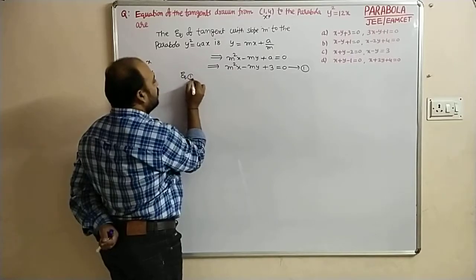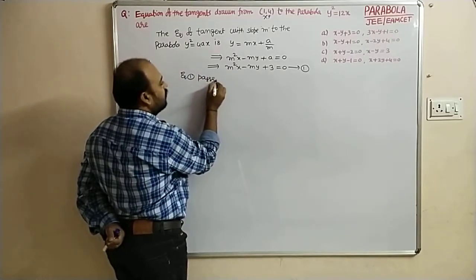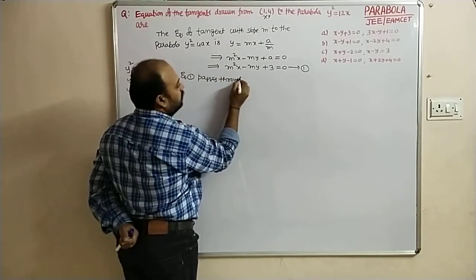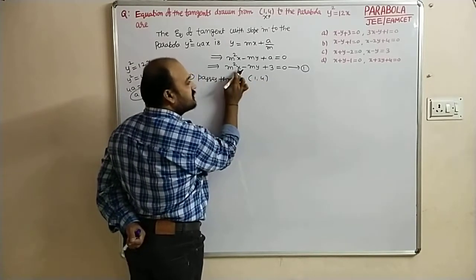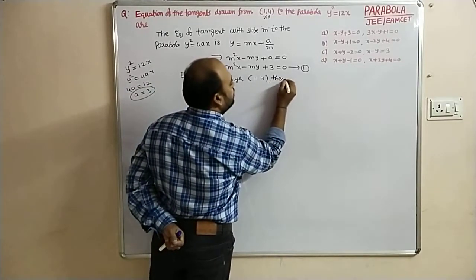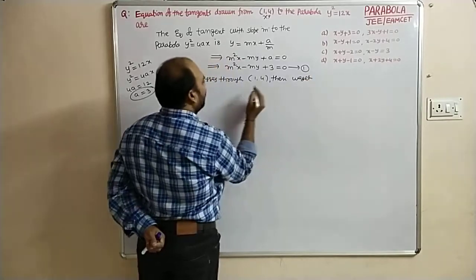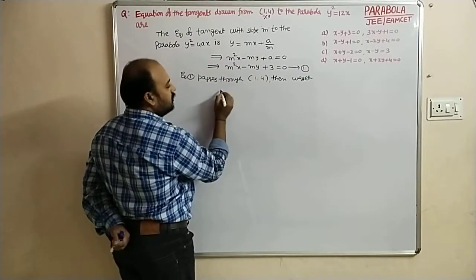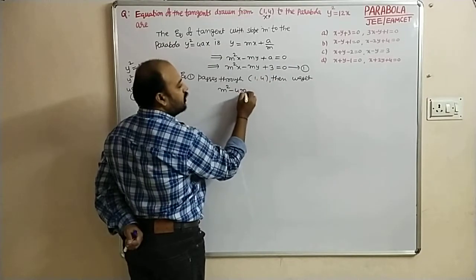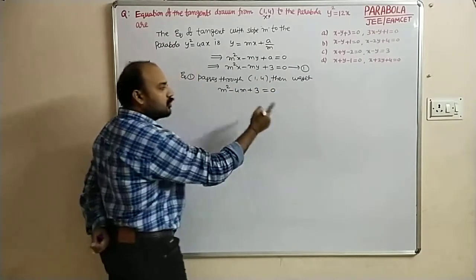Equation 1 passes through 1, 4. In place of x and y, substitute 1, 4. Then we get m square into 1 minus m into 4 plus 3 equal to 0. It is a quadratic equation.